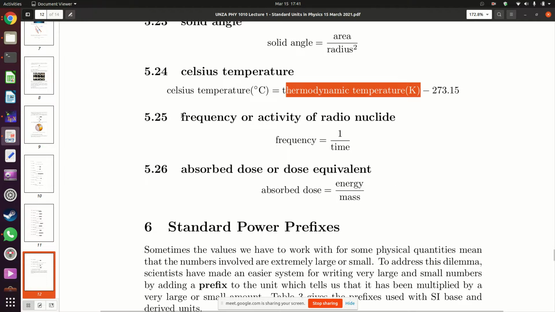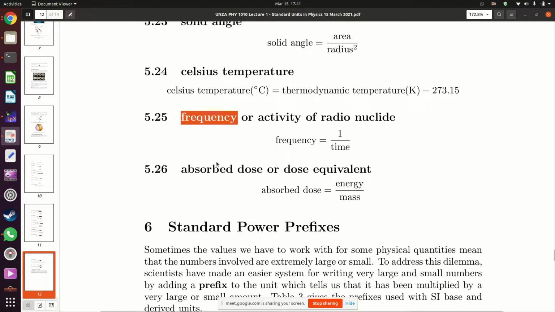Then there's something called frequency. Frequency in physics is defined as the following: 1 divided by time. Now this time is very, very important. This time is the duration between two events. If you have a pendulum and you swing it to one side, the time it takes to go to one side and come back to where it was is what we are talking about.